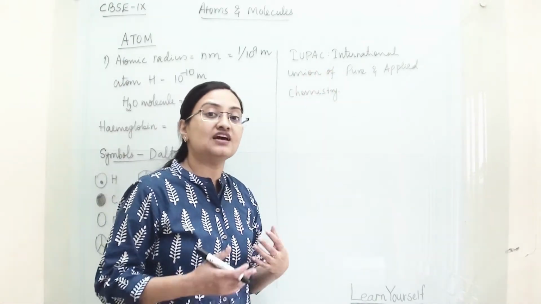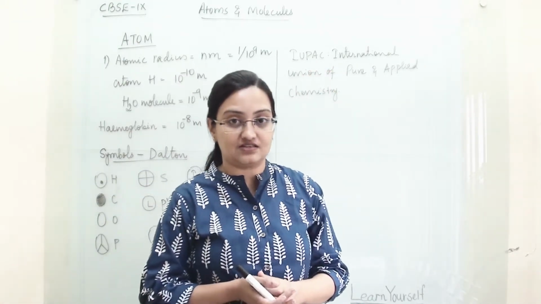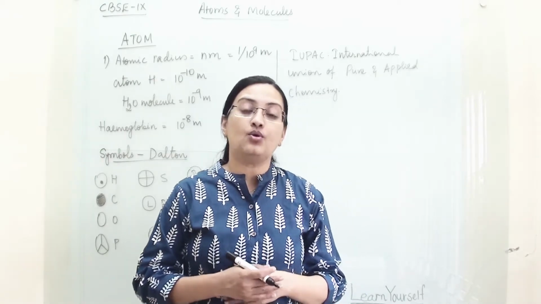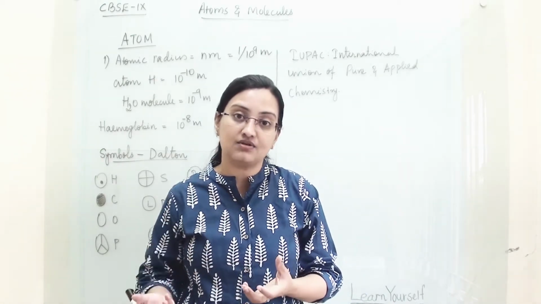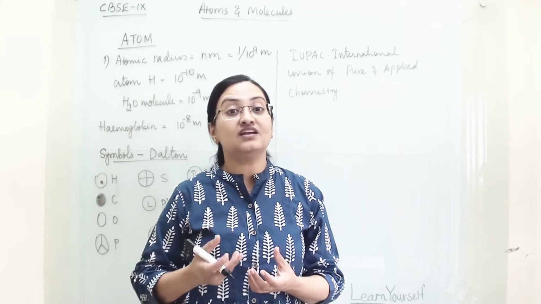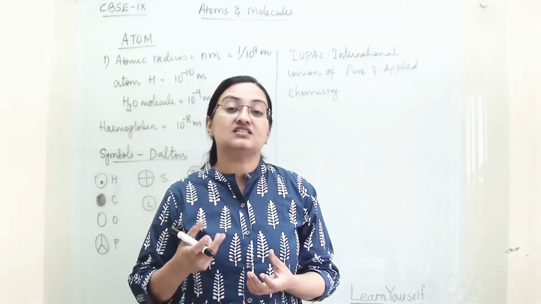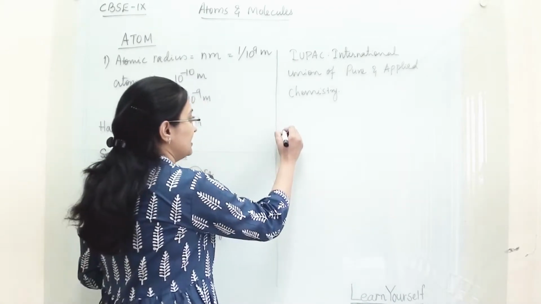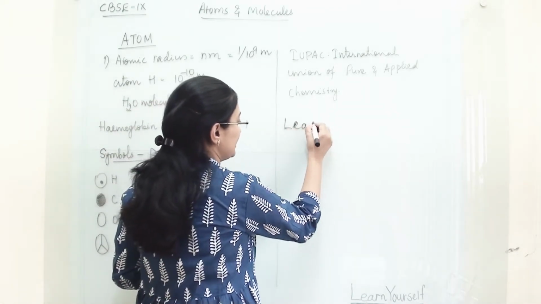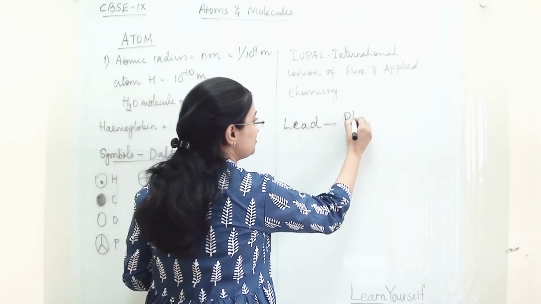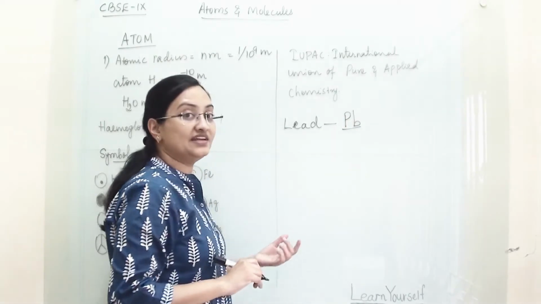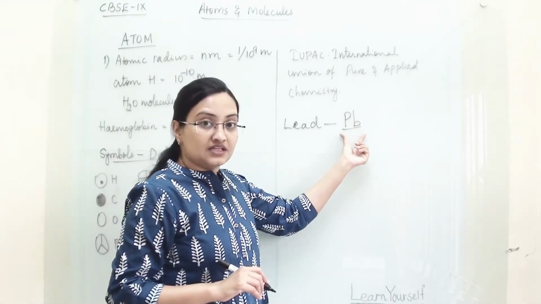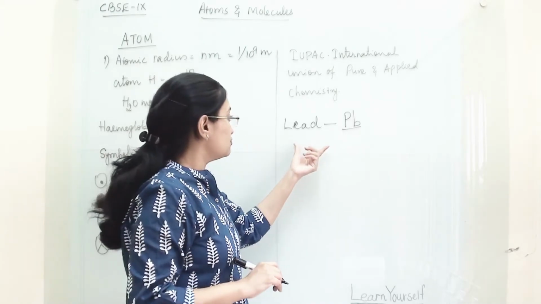Now when we give a name to any atom, it depends upon which scientist discovered it, in which country and in which area it was discovered. For example, lead. Lead is spelled LEAD but its symbol is Pb. Why? Because the symbol comes from the Latin name plumbum.